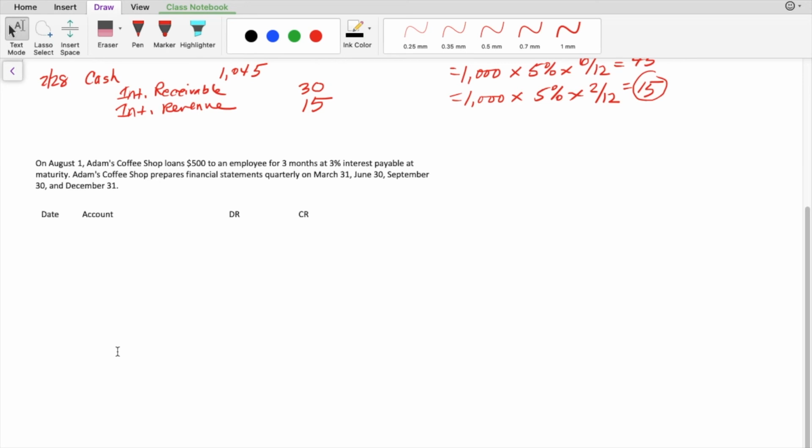So August 1st, we loaned $500 to an employee for 3 months. So when are they going to pay us back? Well, they get the money August 1st, so all of August, all of September, all of October. So August, September, October. At the end of October, they should give us the money back.